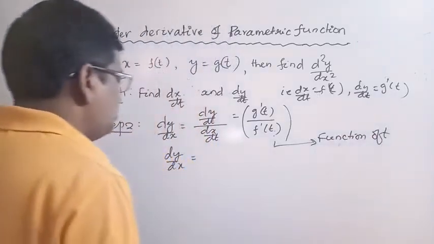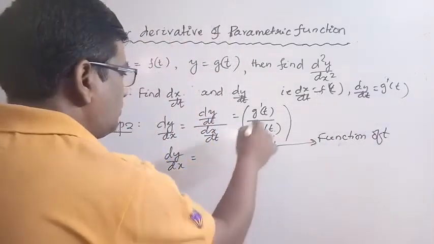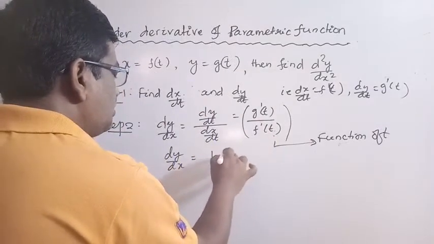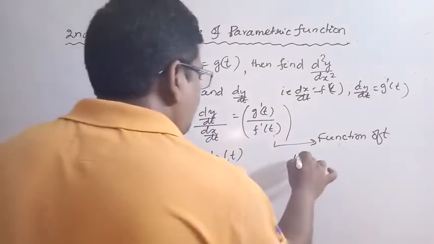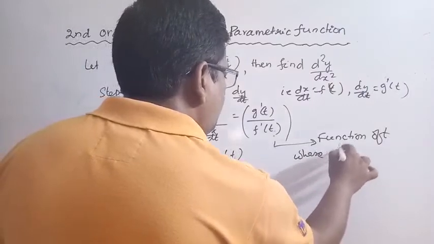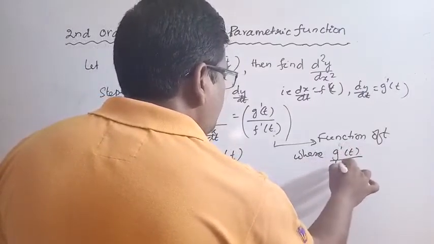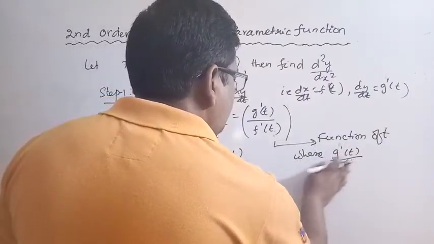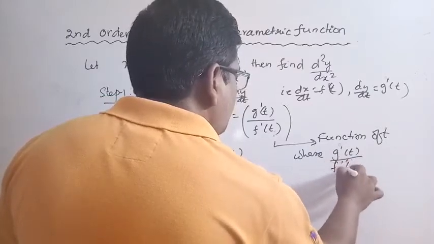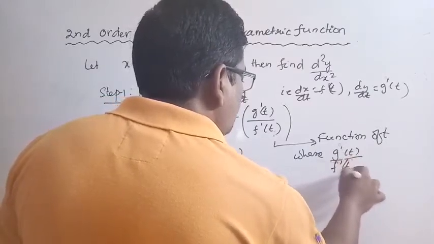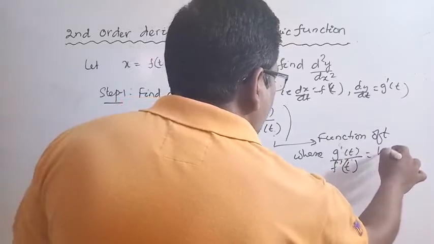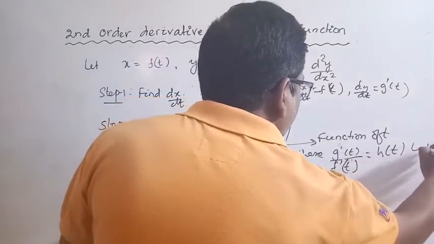So suppose dy by dx is equal to suppose h of t, where g dash t by f dash t is equal to suppose h of t, like this.